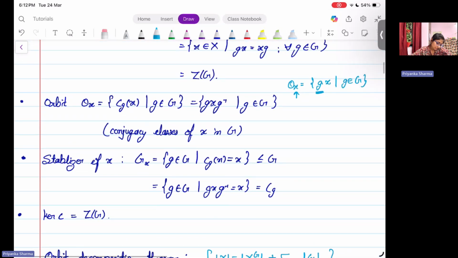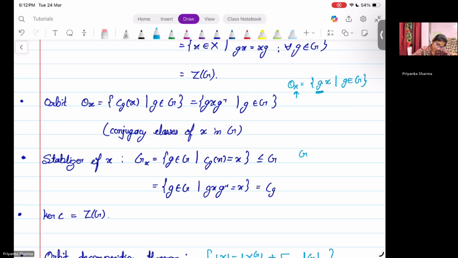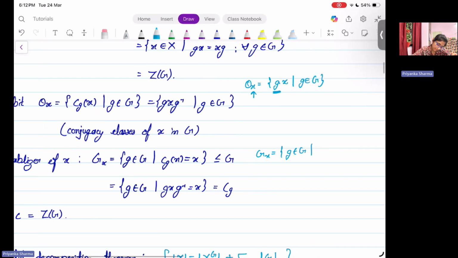Now what is the stabilizer of any group element? The stabilizer of x is denoted by G_x, and we note that the stabilizer is actually a subgroup of the acting group. So here this will be G_x, the set of g belonging to G such that g dot x is x again.